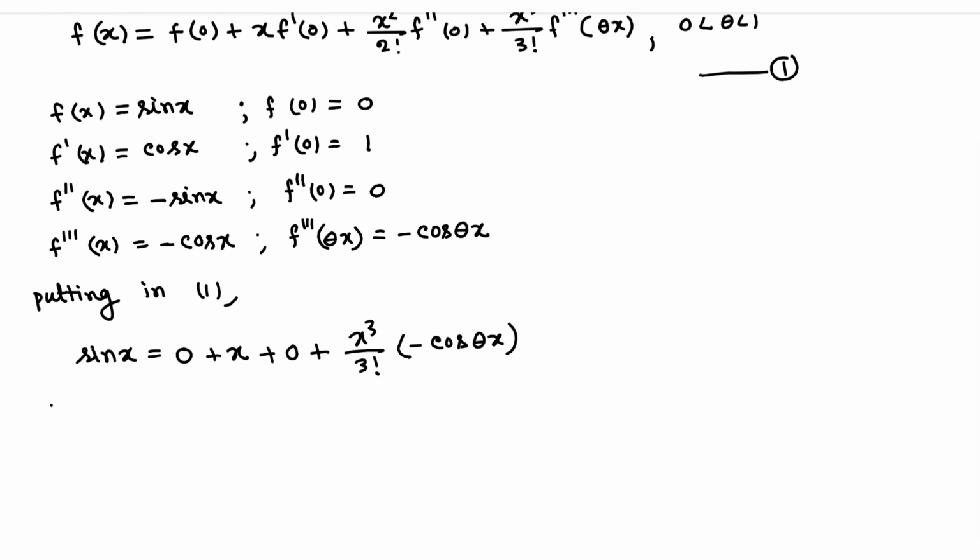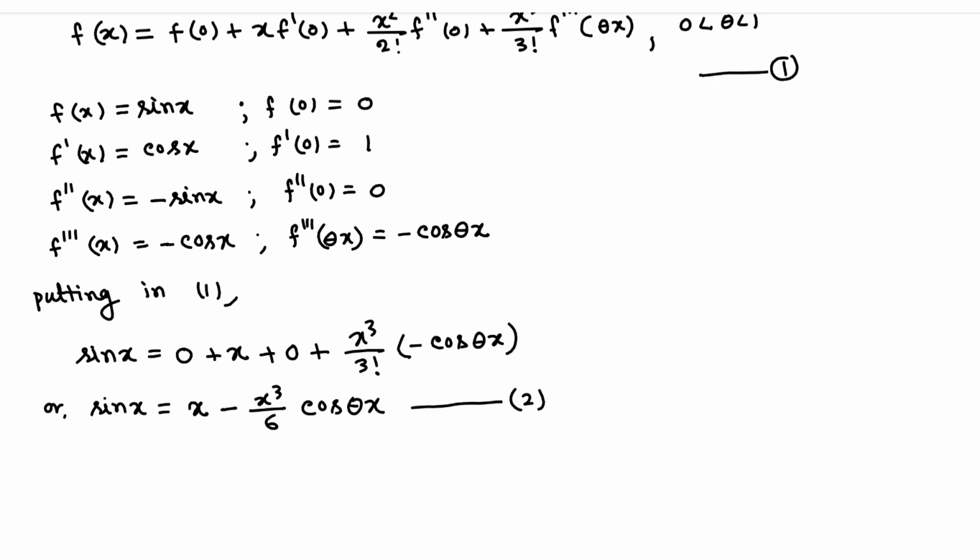So you are getting sin x equals x minus x cube by 6, 3 factorial means 6, into cos of theta x. Let's say this is equation number 2.